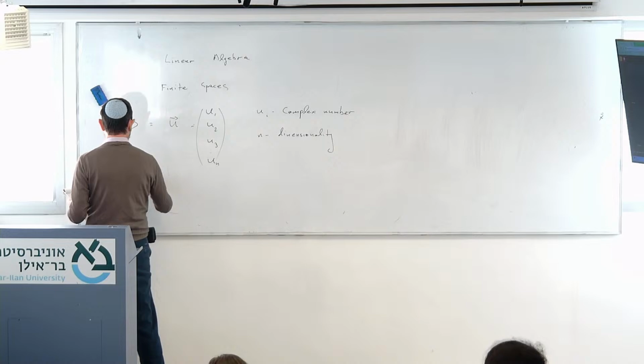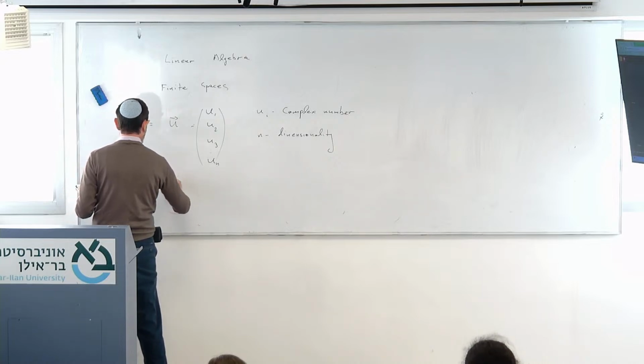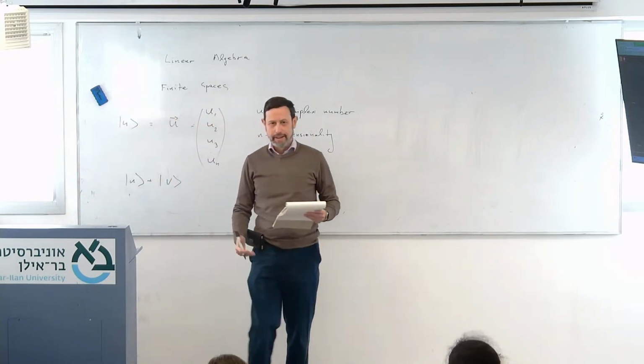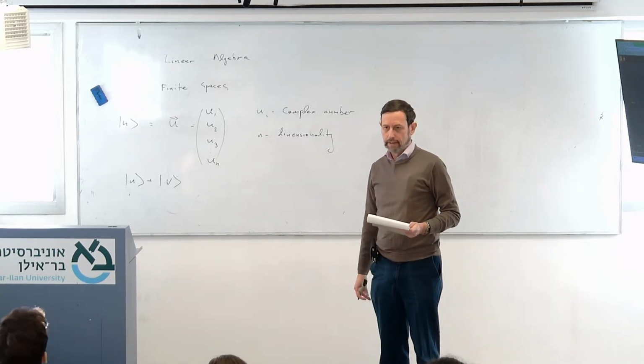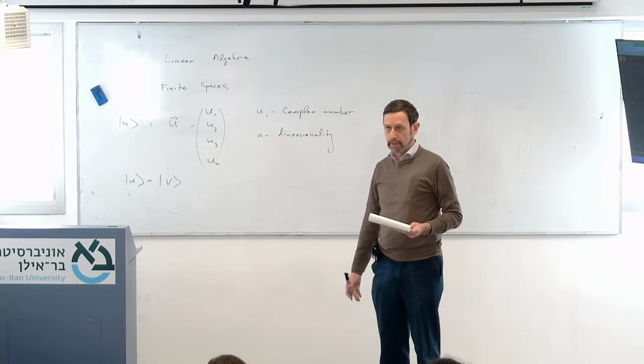So let's assume I have two vectors, u and v. How do I perform addition?